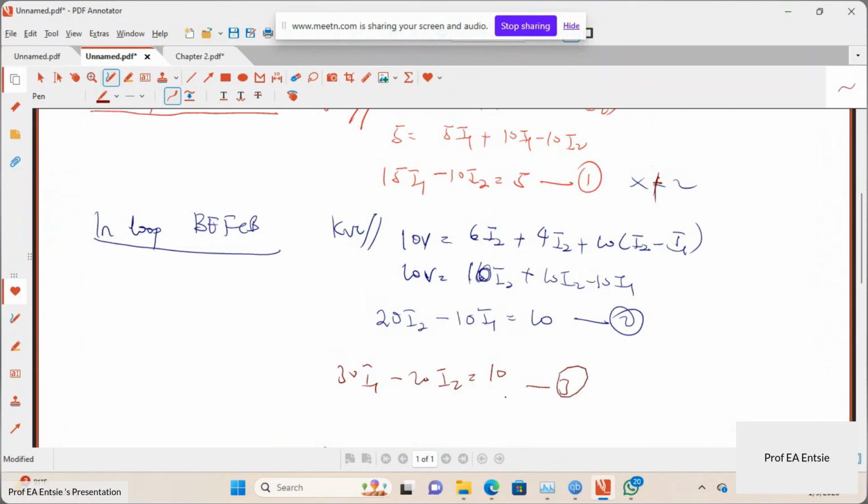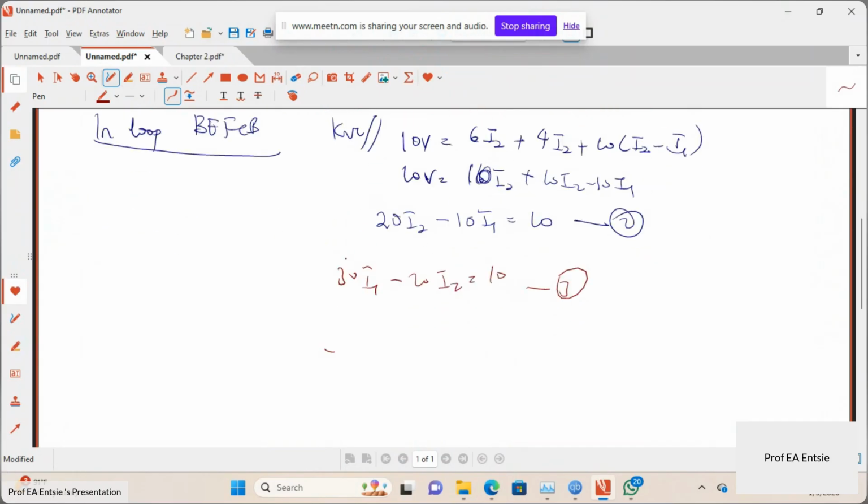Then you call this equation 3. So instead of multiplying equation 1 with minus 2, you multiply equation 1 with positive 2. Then you add equation 3 to your 2. This is your 2. So 20I2 will cancel minus 20I2. So you get negative 10I1 plus 30I1, which will be 20I1 equals 20. And I1 will be 1 ampere.